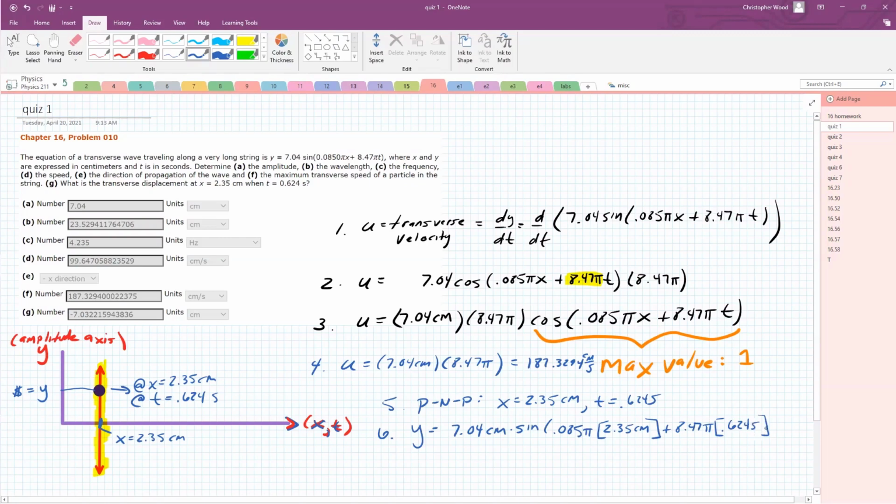So you need to plug that into your calculator. I need to make sure centimeters is good with everything here. Yeah, because we're living in the realm of centimeters and seconds. You need to have your calculator in radian mode. So go ahead and flip your calculator into radian mode. And let's do number 6. 7.04 times sine 0.0... and I'm not in radian mode, I just discovered. So go from degree mode to radian mode.